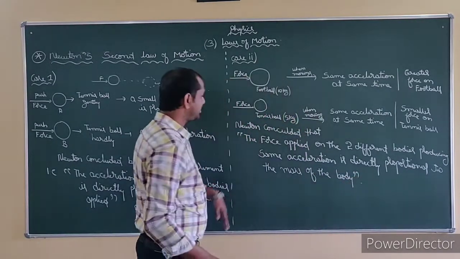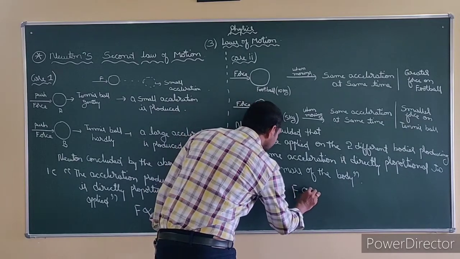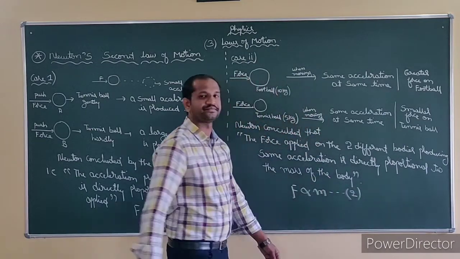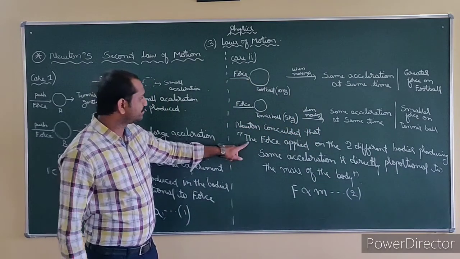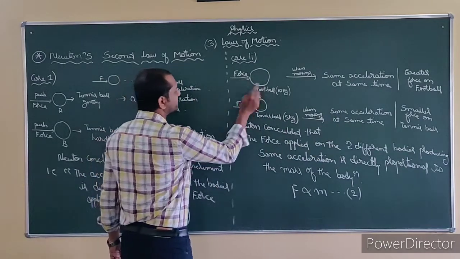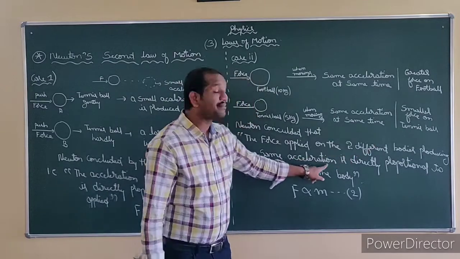So this mathematically I can write as F, force, is directly proportional to mass. Consider this equation 2. See, again I will explain. The force is applied on two different bodies. Yes, force is being applied on one football and one tennis ball. Both are different bodies producing the same acceleration.